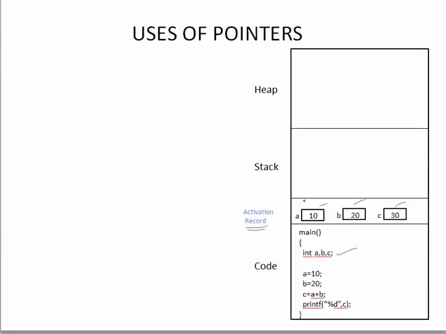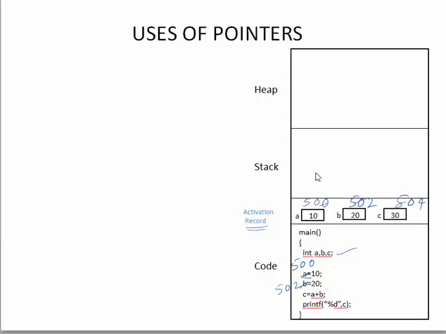Suppose the address of this location is 500 and this is 502 or 504, then A will be replaced by 500, and instead of B, it will use the address 502, and so on. So the memory inside the stack is directly accessed by the program or a function in a program.